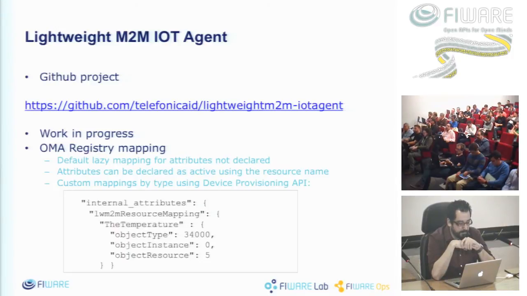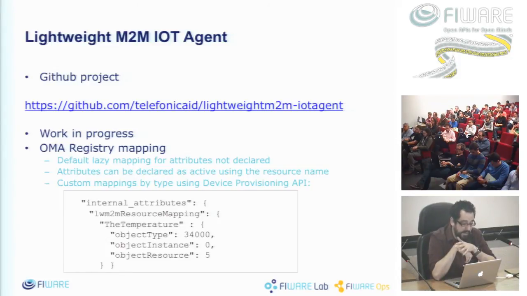For the devices that already have a device ID in the OMA registry, the attributes can be declared as active, lazy or command, declaring the attribute using the name of the attribute in the device registry in the active array, lazy array or commands array, as the name of the attribute in the context broker.